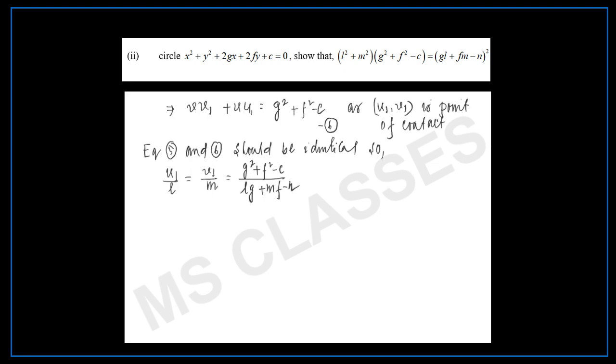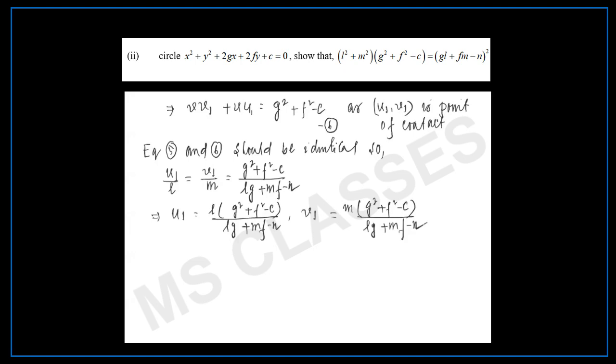Now from this, we get u1 equal to L into g square plus f square minus c whole divided by lg plus mf minus n, and v1 equal to m into g square plus f square minus c by lg plus mf minus n.